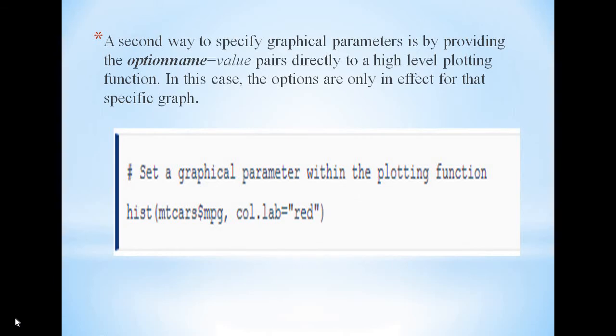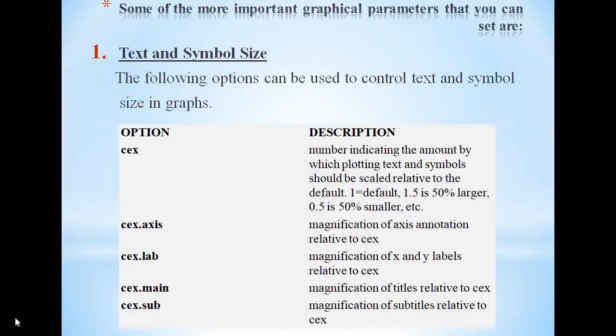A second way to specify graphical parameters is by providing the option name equal to value pairs directly to a high-level plotting function. In this case, the options are only in effect for that specific graph. This is the second way to specify a graphical parameter. These are some of the important graphical parameters that you can use.